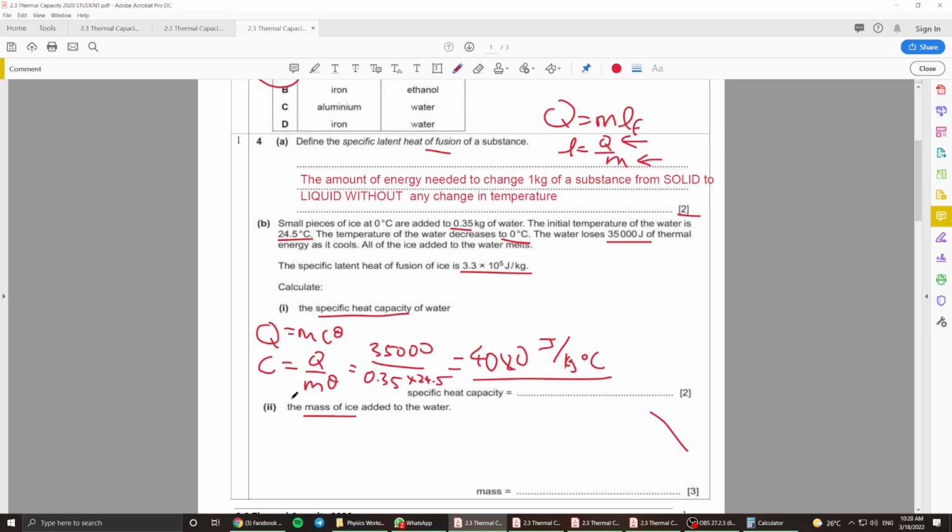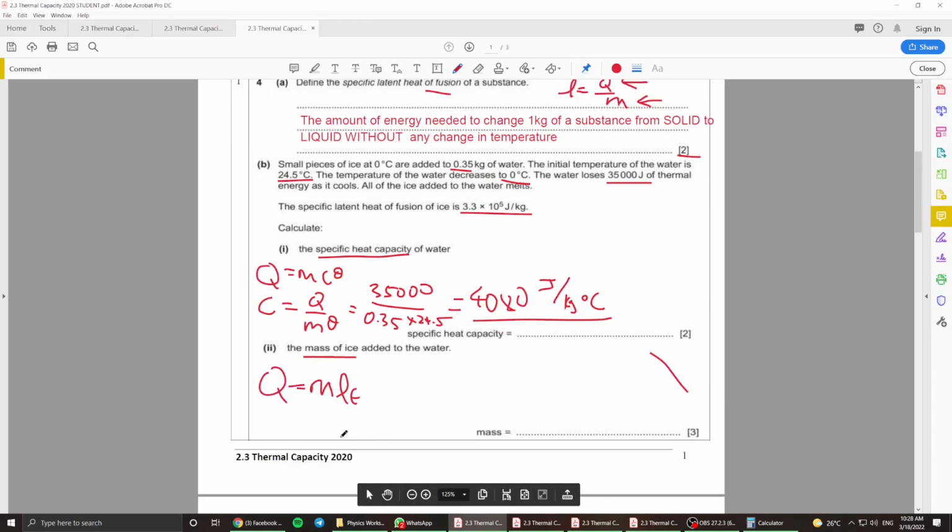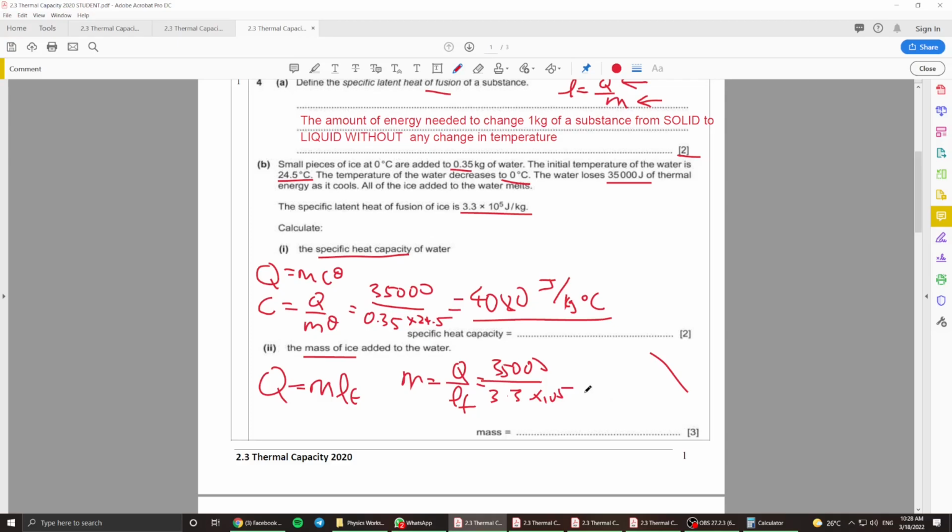From this question here, yet again, you have to understand that the amount of energy lost by the water is the amount of energy gained by the ice. So from here it is basically Q equals to M L_F. M will be equals to Q over L_F, which is going to be 35,000 divided by 3.3 times 10 to the power of 5.